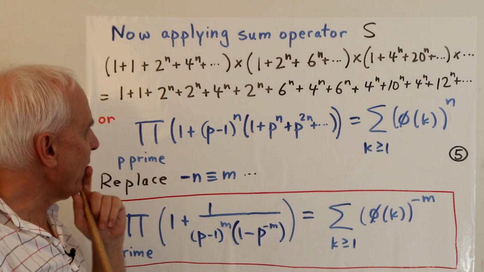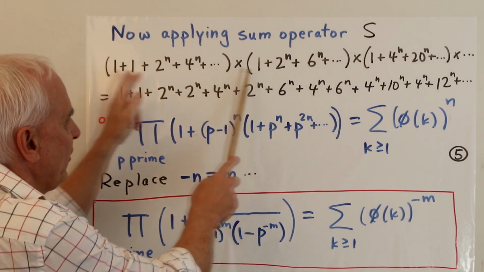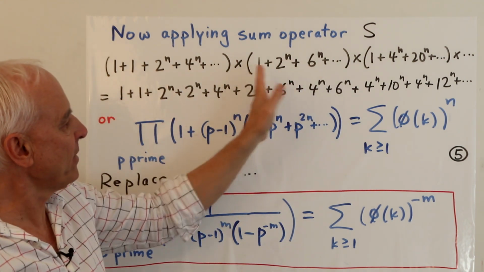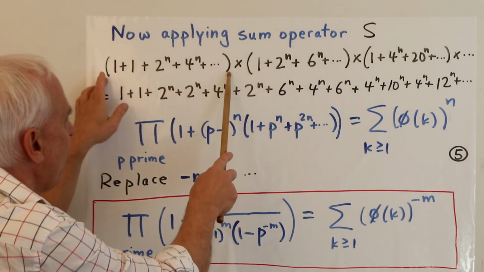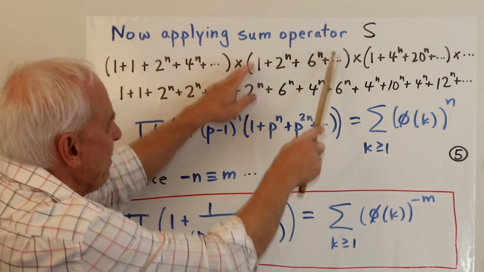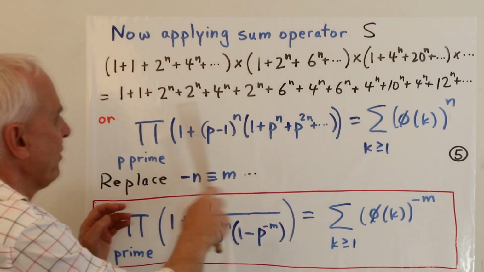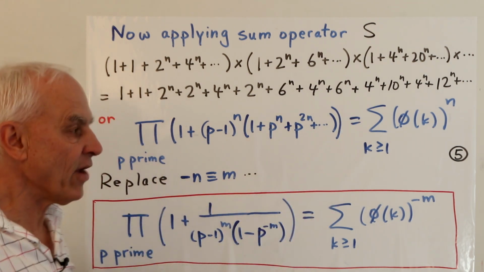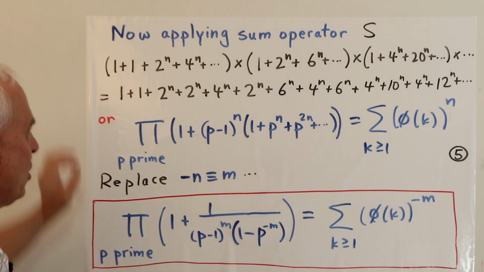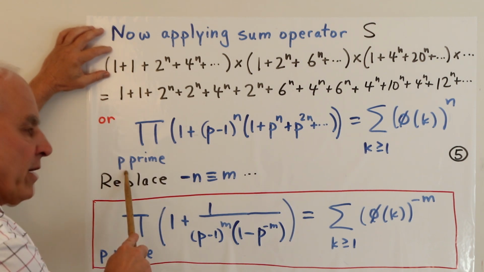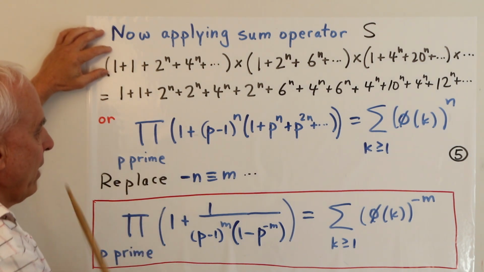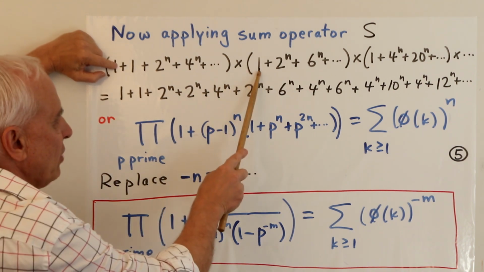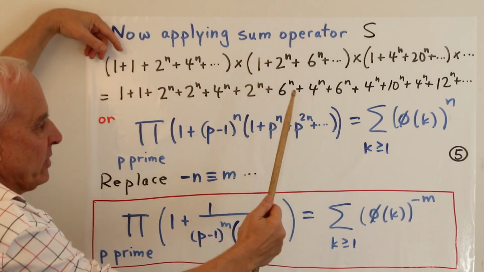And so now what we want to do is we want to write down formulas for the sums of the things that are in these boxes. So all of this is the first sum, and then we have to multiply by this next sum, and then this the next sum, etc. We multiply them all together, and we should get this sum on the right-hand side, at least in some sense. So on the left-hand side, we have a product over primes, okay? And what we have is we have 1, okay? Each one of them starts with 1. And then there's a geometric series, okay?